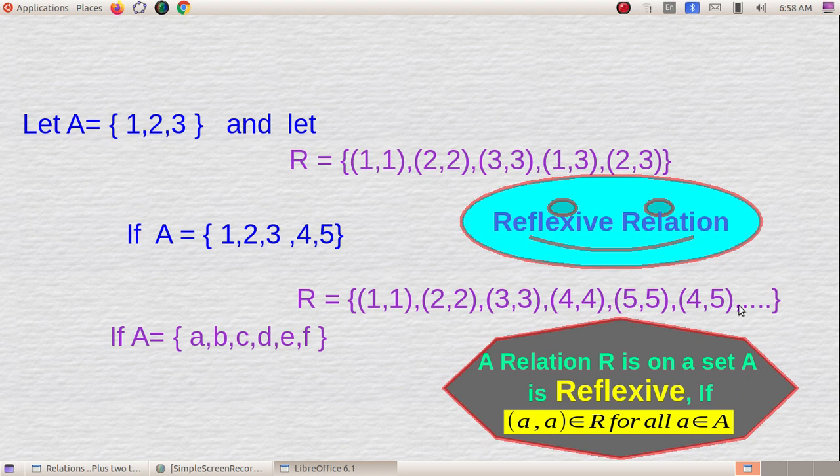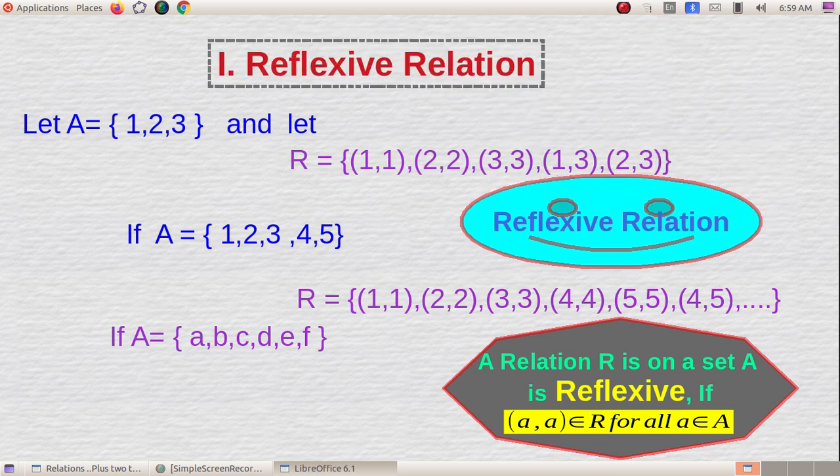Say with me: a relation R on A is said to be reflexive if (a,a) belongs to R for every a in A. Once more, (a,a) belongs to R for every a in A.